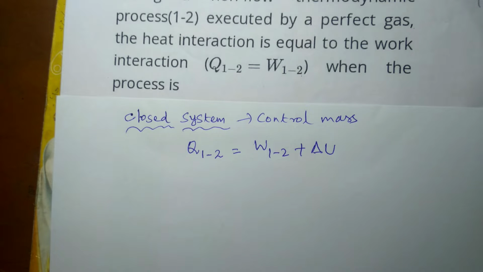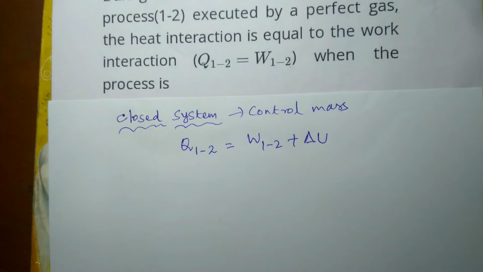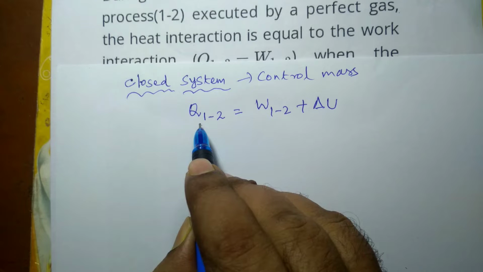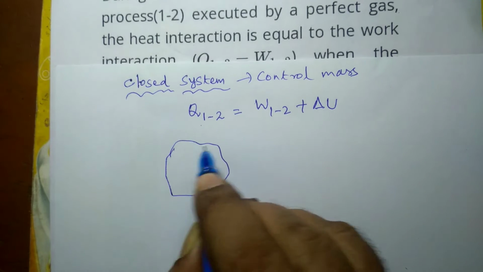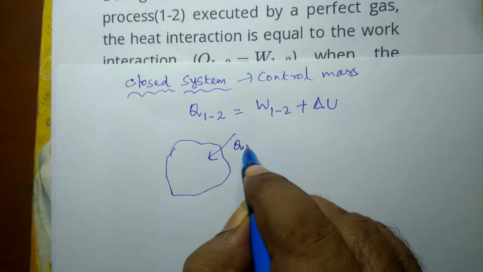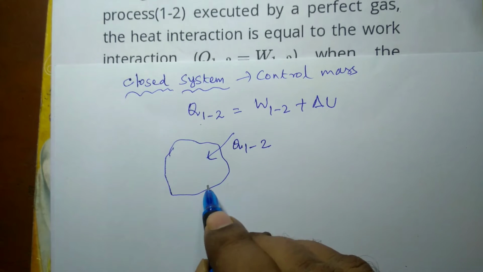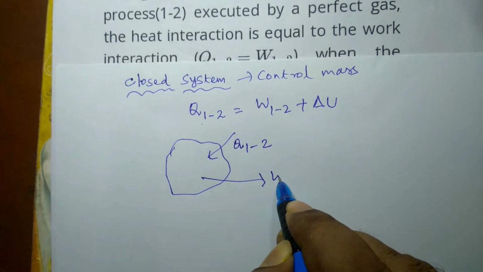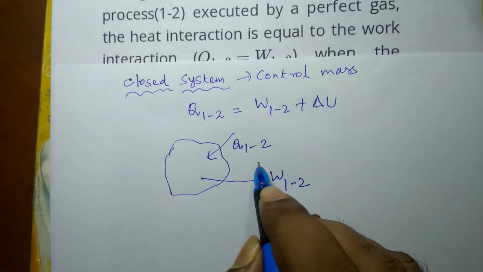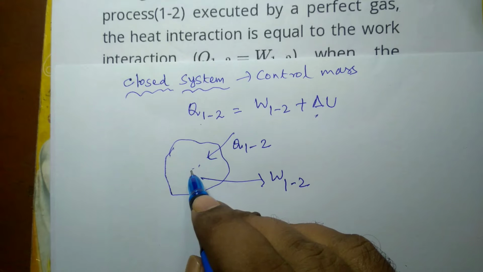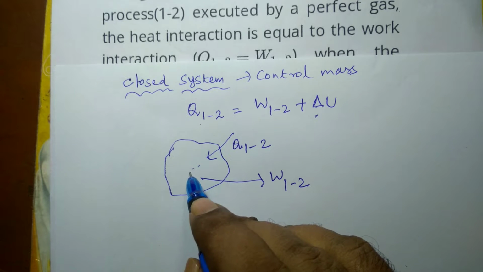Whenever any process is undergone by a closed system, suppose this is a system and heat is being added to the system, the heat added to the system is Q12, out of which W12 is the work done by the system, then delta U will be the increase in molecular internal energy.